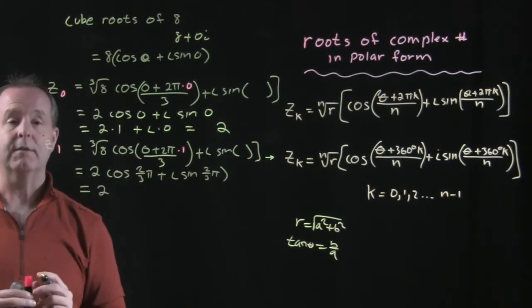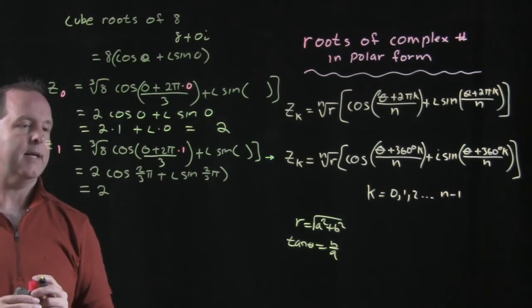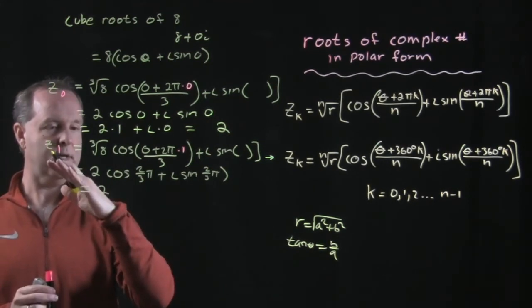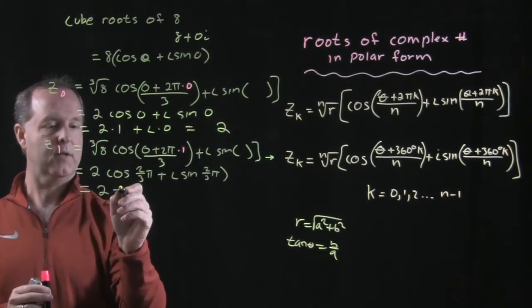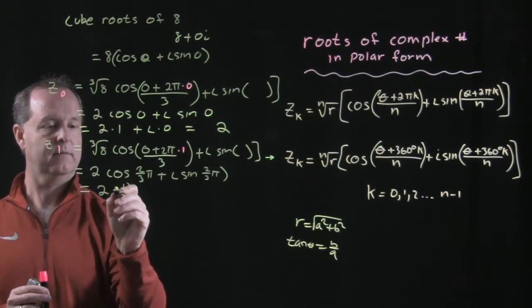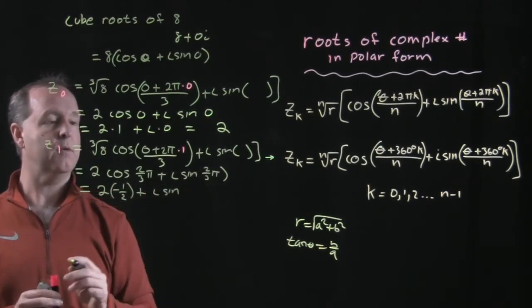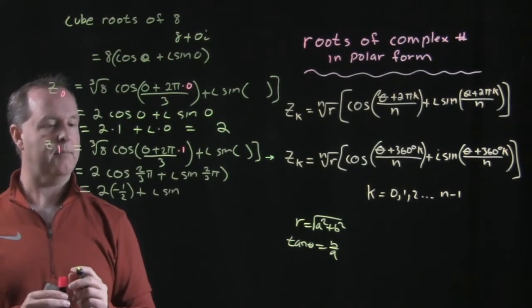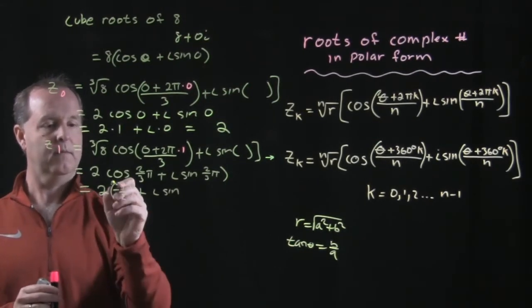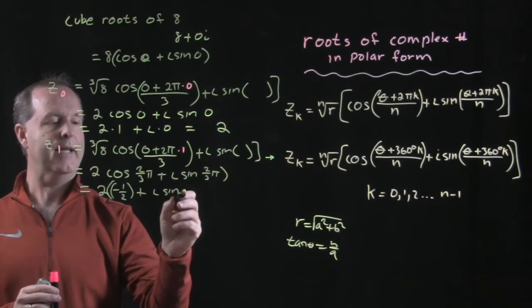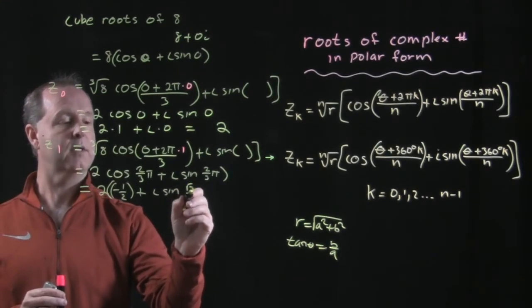2 cosine of 2/3 pi, it's in the second quadrant, cosines are negative right there, so that's a -1/2, plus i times the sine of 2/3 pi, which is a positive √3/2.